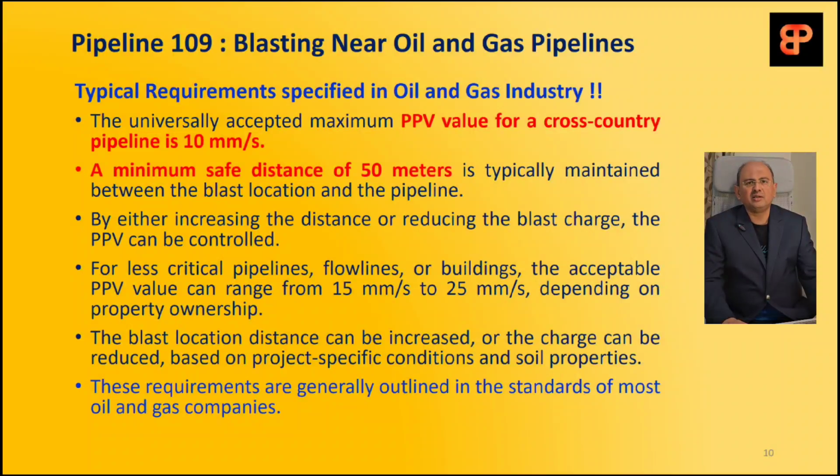The blast location distance can be increased, and the charge can be reduced based on the project specific conditions and soil properties. So I believe with these requirements, you will now realize the basis for such requirements outlined in the standards of most of the oil and gas companies.